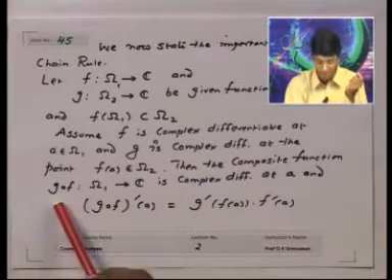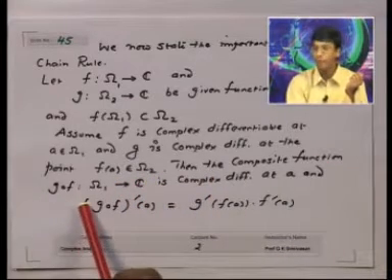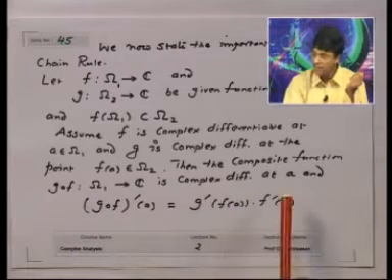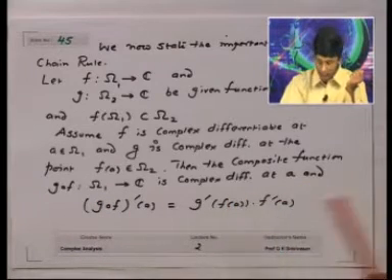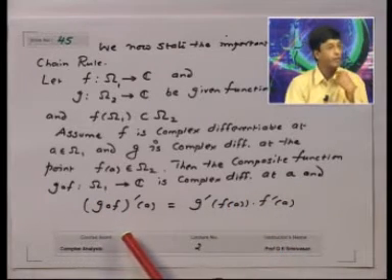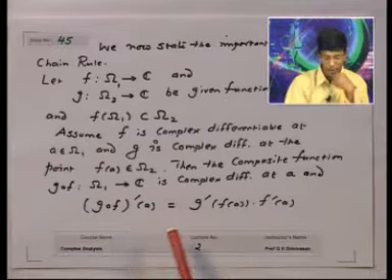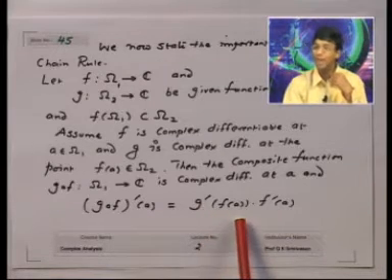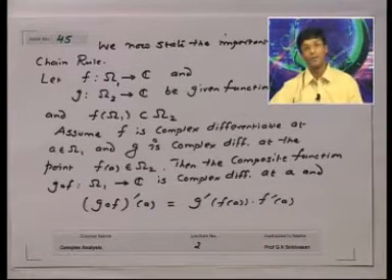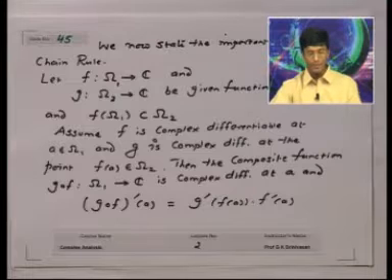Then the composite function g composed with f from omega 1 to C is complex differentiable at a, and the derivative of g composed with f prime of a is given to be g prime of f of a times f prime of a. This is the complete theorem.